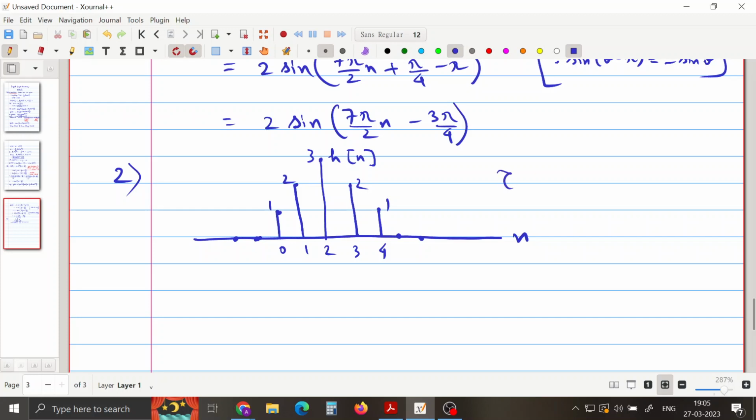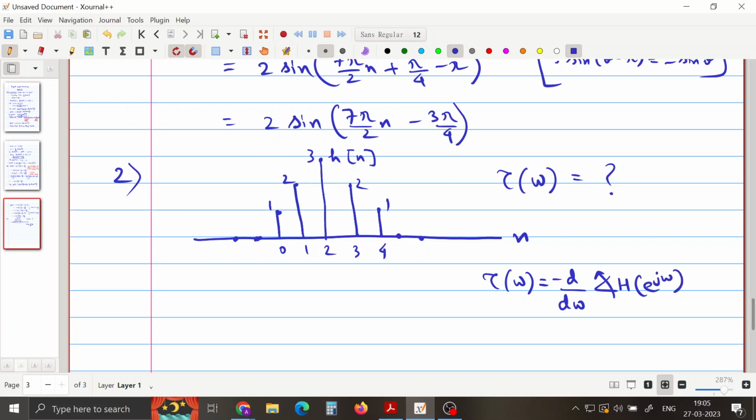We need to find the group delay, and we know that the group delay is given by the negative derivative of the phase of the frequency response.